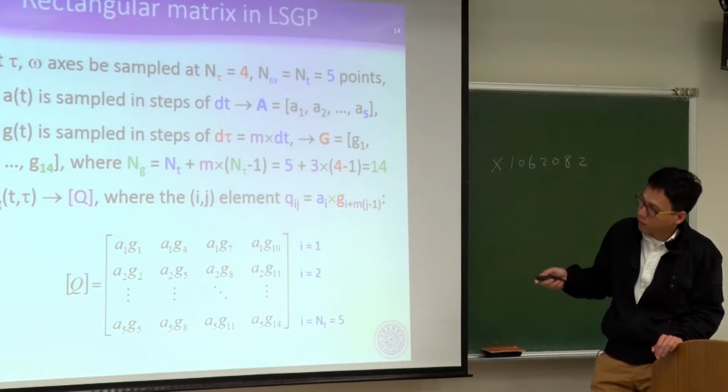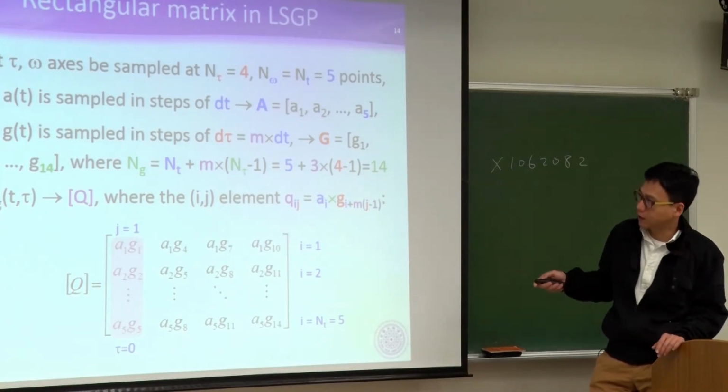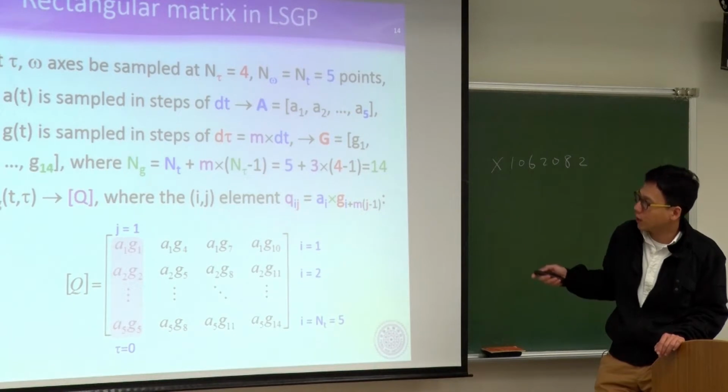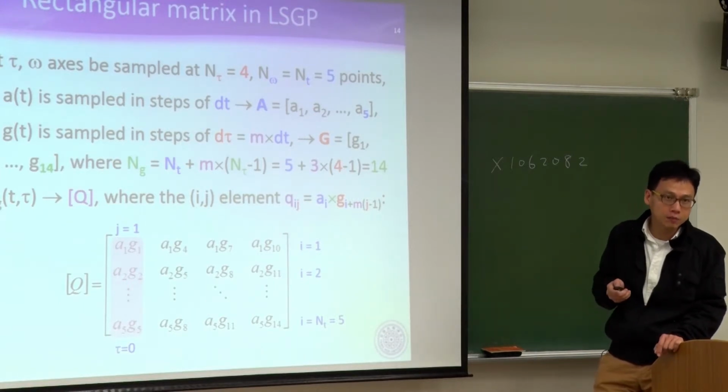Okay, but column-wise it could be a little bit more complicated. For example, the first column, when j equals 1, you have to use this formula. Okay, j equals 1, so you have 1 minus 1, this is 0. 3 times 0 is still 0, so you have just gi. I equals 1, 2, 3, 4, 5, so you have g1, g2, all the way to g5 in the first column.